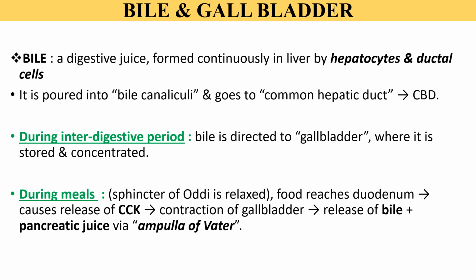During the interdigestive period, that is, when the process of digestion is not happening, bile is directed towards the gallbladder, where it is stored and concentrated. While during the time of digestion, when the chyme reaches the duodenum, the hormone cholecystokinin causes contraction of the gallbladder to release bile into the duodenum.